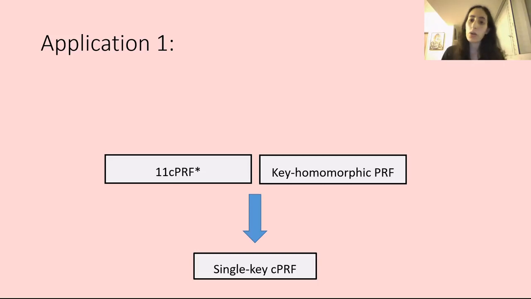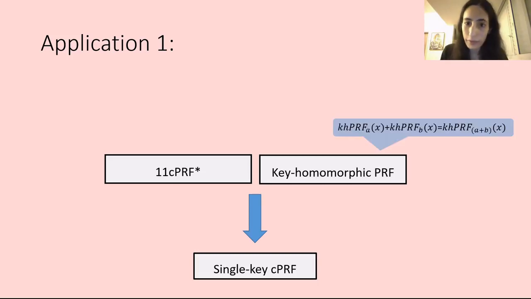So what is a key homomorphic PRF? It's a PRF that allows you to perform homomorphic evaluations over the seed. If you think about it for a while, it only makes sense to consider linear computations. Otherwise, it would break the pseudorandomness of the PRF. So that's the requirement.